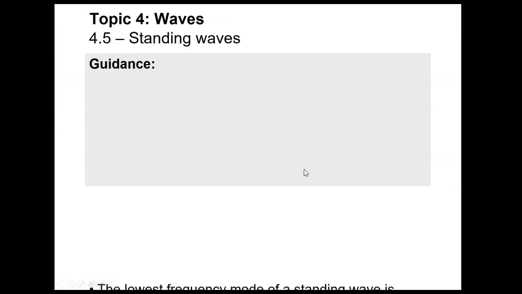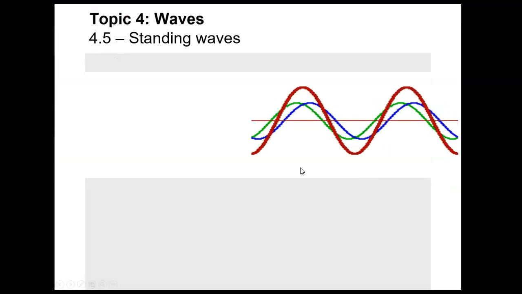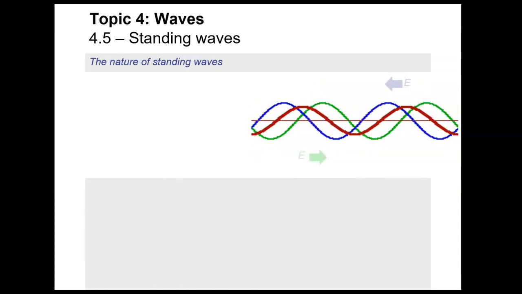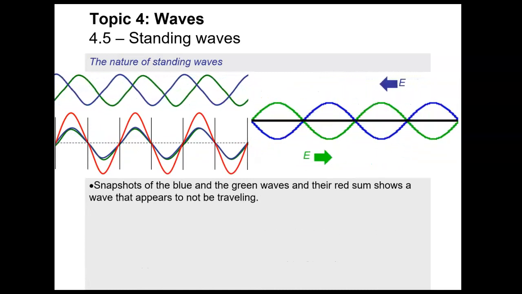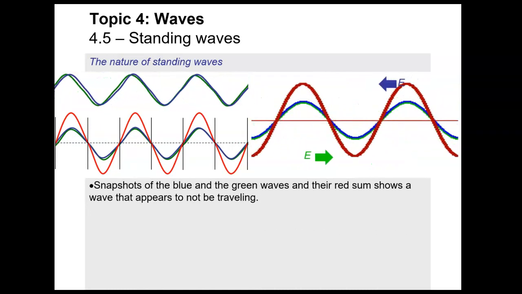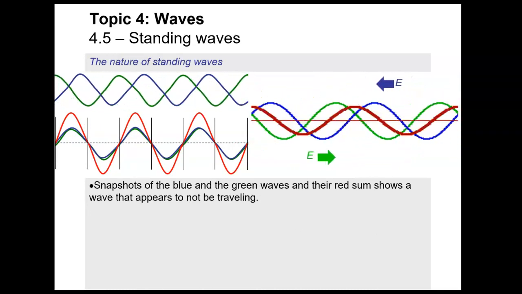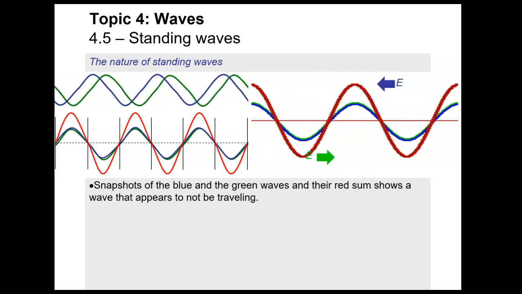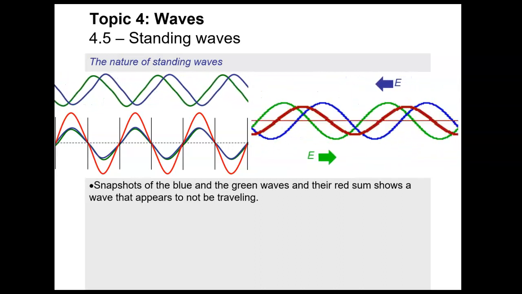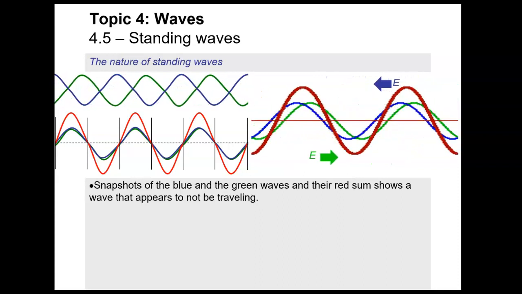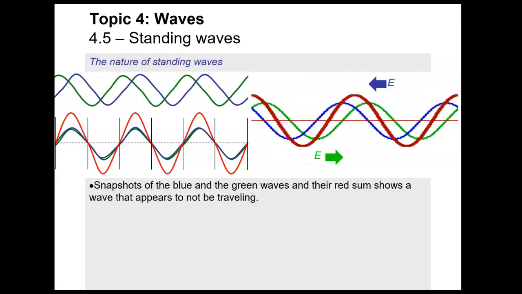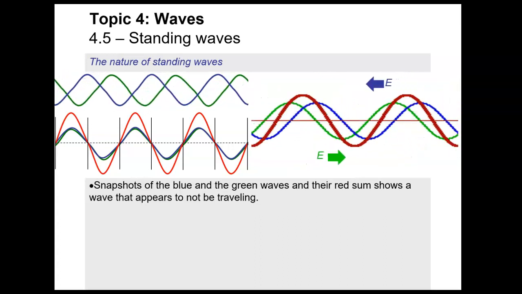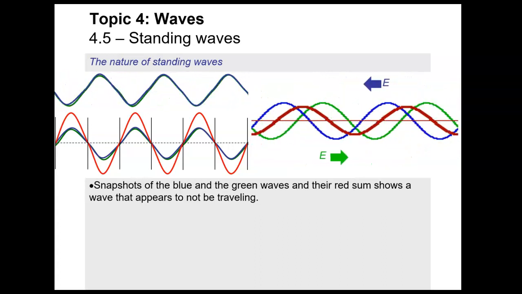Alright, so let's go on a little bit and just talk about the basics. Okay, so here we basically see where we have two waves, a red one and a blue one, and they're going towards each other. And because of superposition, at every point along the, let's say this is a wave on a string, for example, at every point along the string, you get superposition.